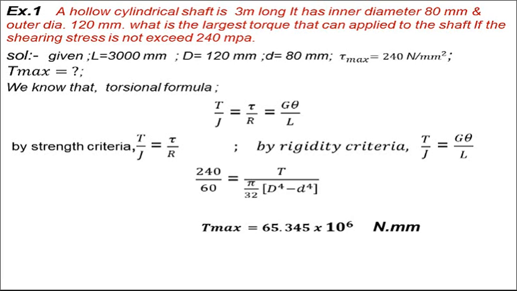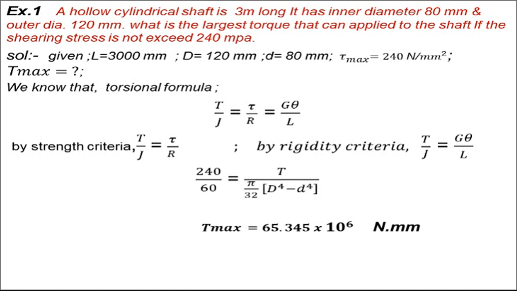In this problem, they ask for the largest torque that can be applied to the shaft. The symbol of the torque is capital T, and largest torque means the maximum torque that can be applied to the shaft. So we want to determine T max.